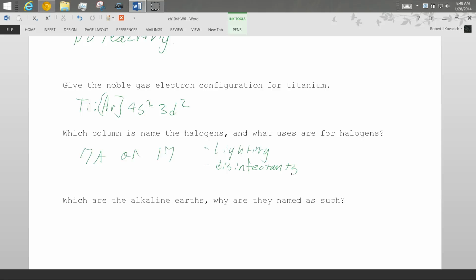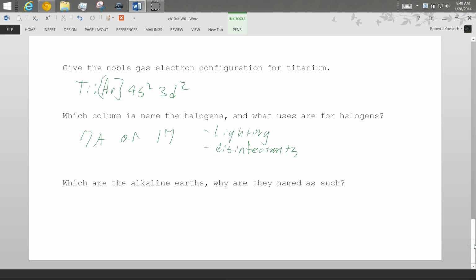What about the alkaline earths? Which ones are those guys? 2A or 2. And why are they named that? Mostly, what's up with that word right there?